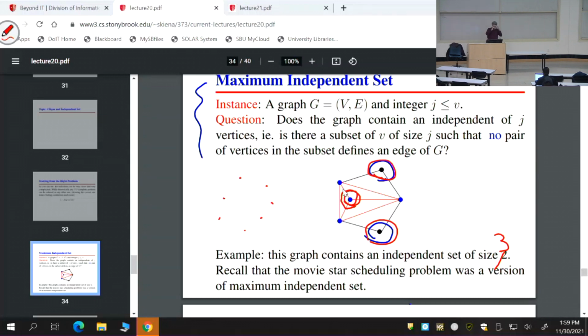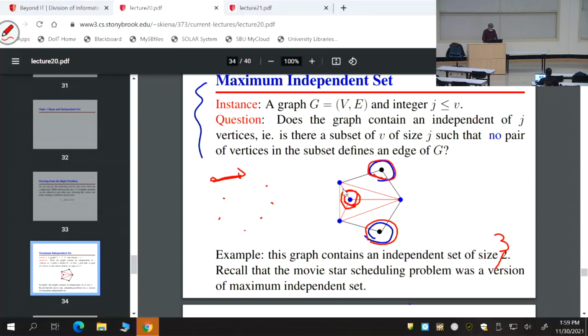Let's say this was a scheduling problem, and 2 classes that you couldn't take at the same time had an edge between them. Let's say that these 2 courses, there was a conflict in doing it. You couldn't take both of them. Maybe they met at the same time. Maybe they covered the same material. Maybe something like this. Okay?